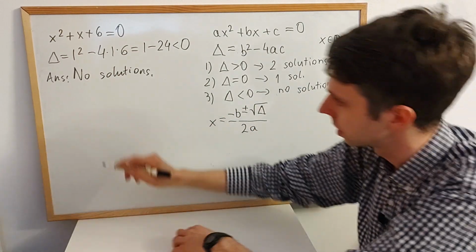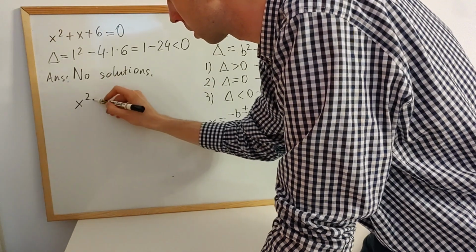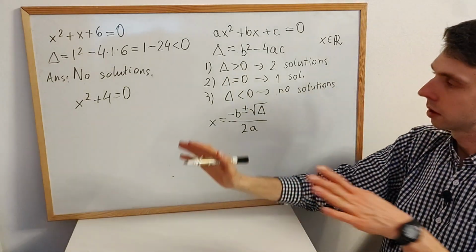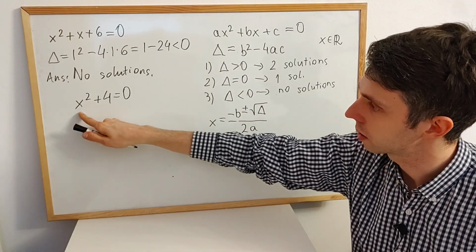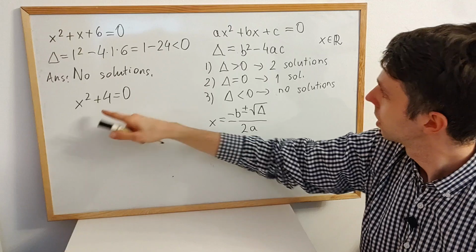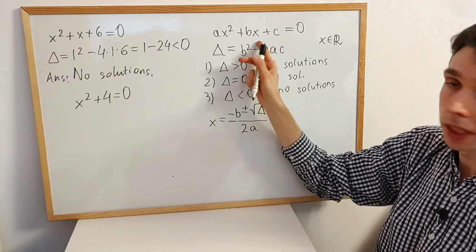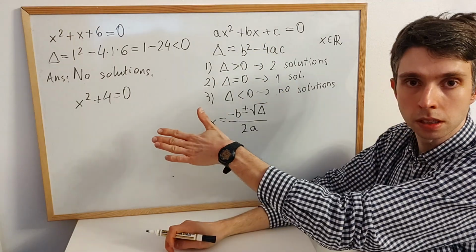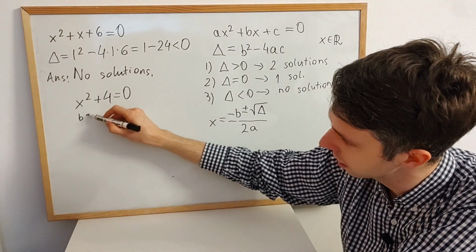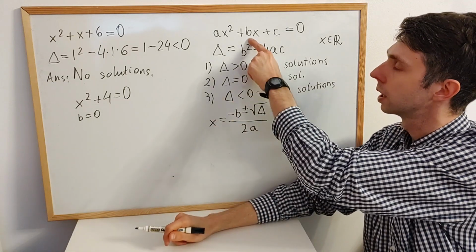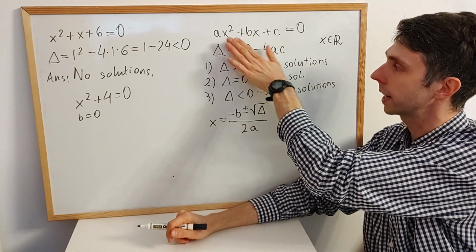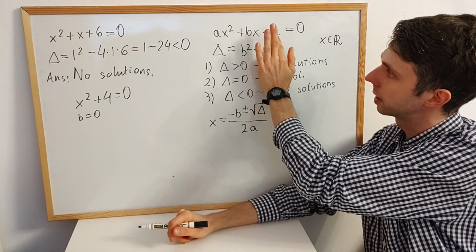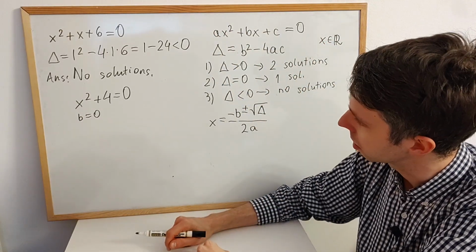Okay, another example, x squared plus 4 equals 0. This is also a quadratic equation because you have x squared. You can say I don't have a bx term, but you can think of b equals 0 in this case. If you put 0 here, 0x is 0, so you end up with ax squared plus c equals 0.